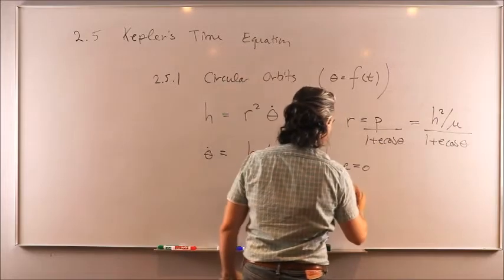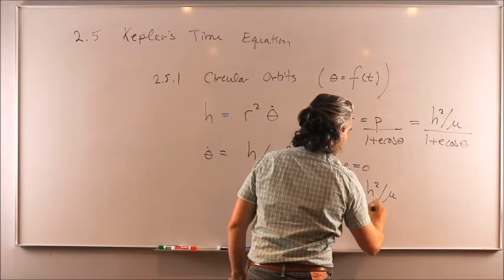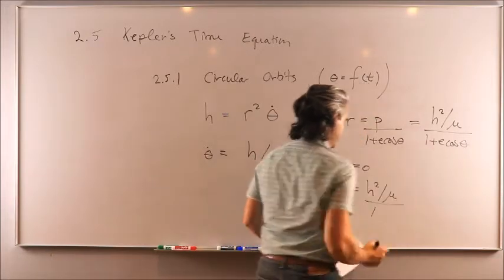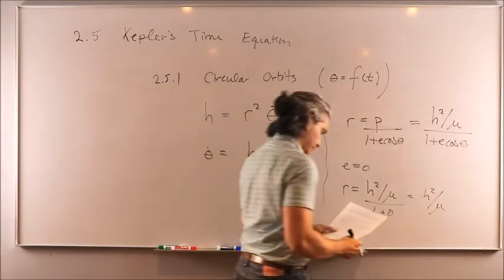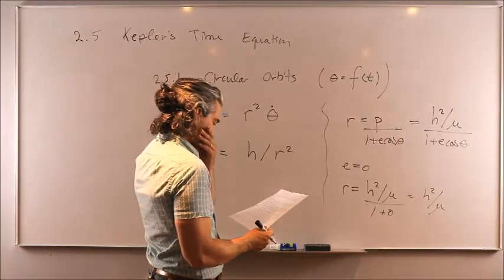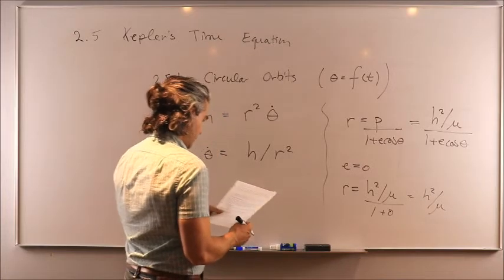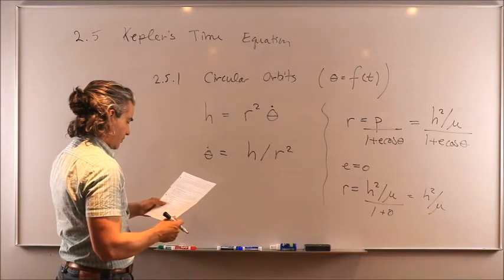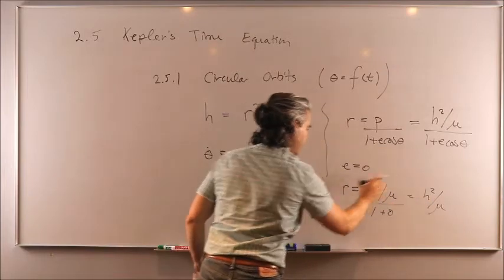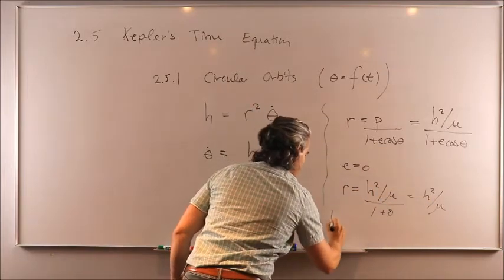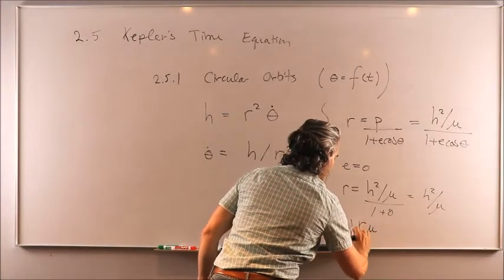So in that case, we then have r equal to h squared over mu over 1 plus 0, so simply h squared over mu. Okay? Which means that if we were to solve that equation for h, it would come down to h equal to the square root of r times mu.